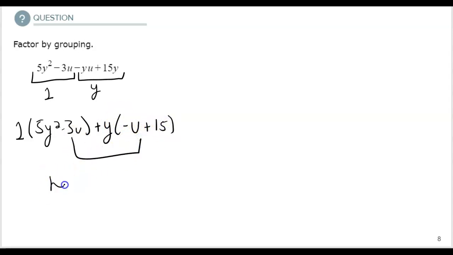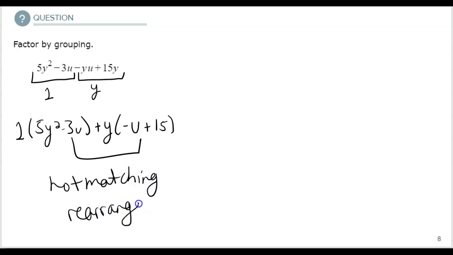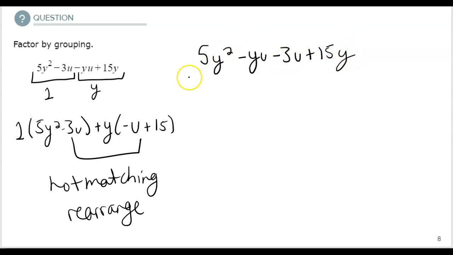These do not match. So we're going to rearrange. Out of here we can pull out a y.